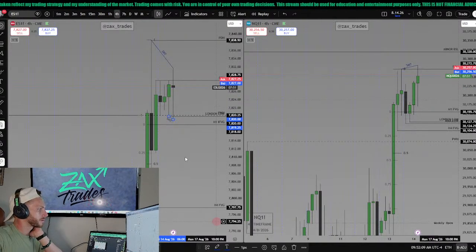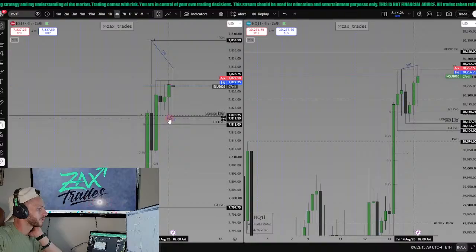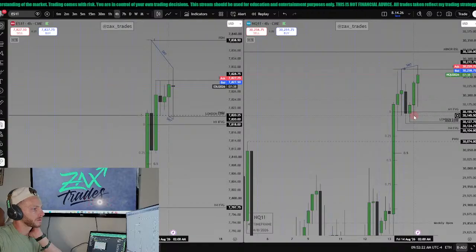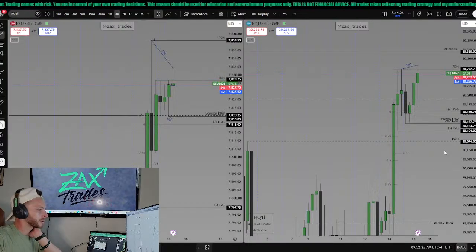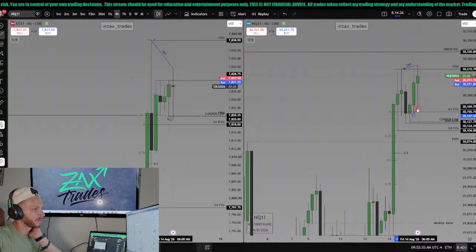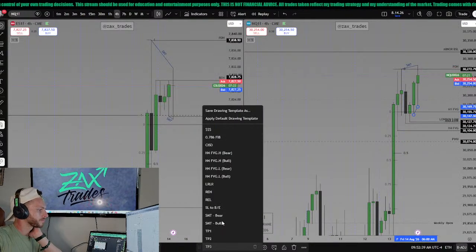We swept previous 4-hour low, but we have not on NQ, which also supports our general idea that NQ is running a bit more bullish.